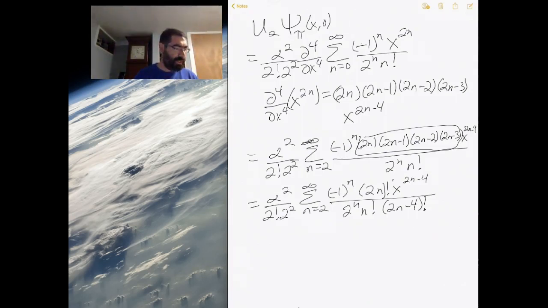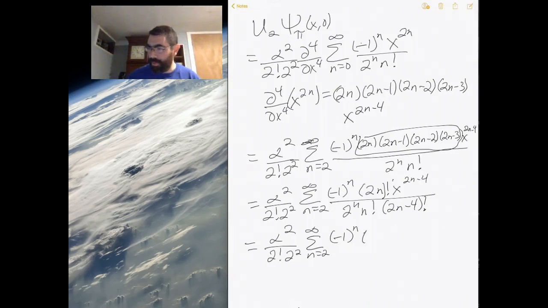And now this one we can rewrite as a double factorial, 2n minus 1 double factorial. That gets rid of the n factorial and 2 to the n in the denominator. And we're left with 2n minus 4 factorial in the denominator.